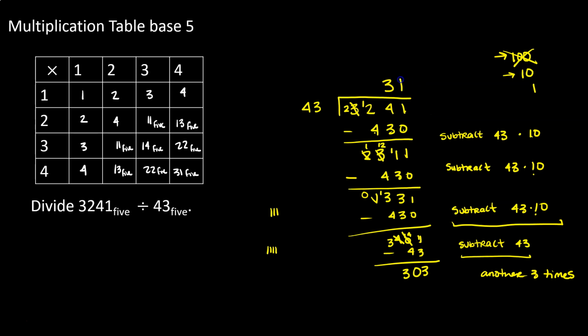So in the units place, I would say I subtracted 43 4 times. And then we run out. So our answer would be the number 34 base 5. And we could check that that gives us the correct value by doing 34 times 43 and showing that we get the number 3241 in base 5.